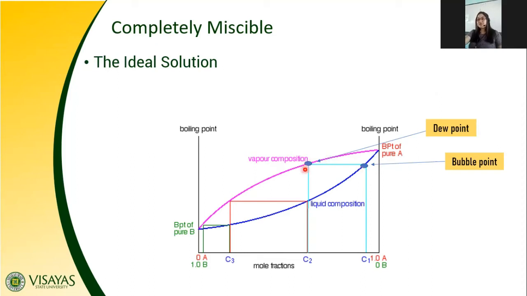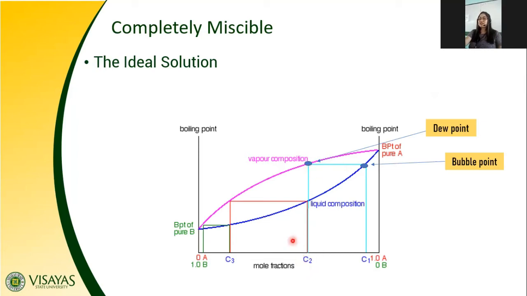And then this point here, along the horizontal line, has the same temperature but a different composition. You have the C2 here. So this is the first point where you can observe the vapor phase of this particular composition.